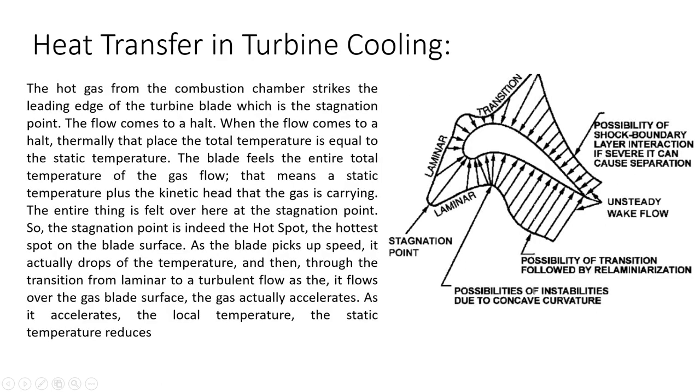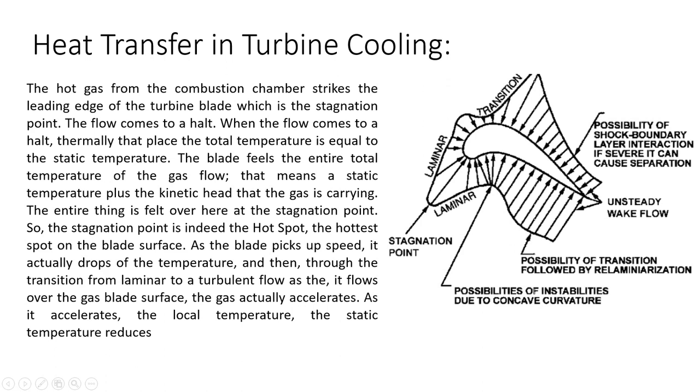Next we'll see how the heat transfer is occurring and how it is affecting the overall boundary layer. Like we saw before, the leading edge will face the highest temperature as opposed to your trailing edge. Why?